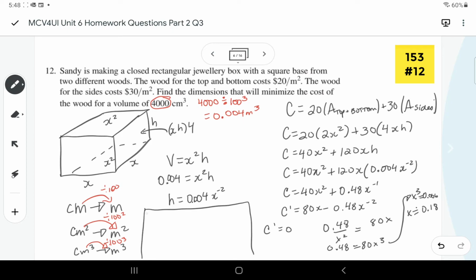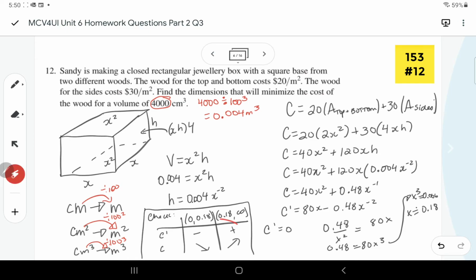So you could do the check and take a look where that was increasing and where it was decreasing, and look at the sign and confirm that that would be the minimum cost.